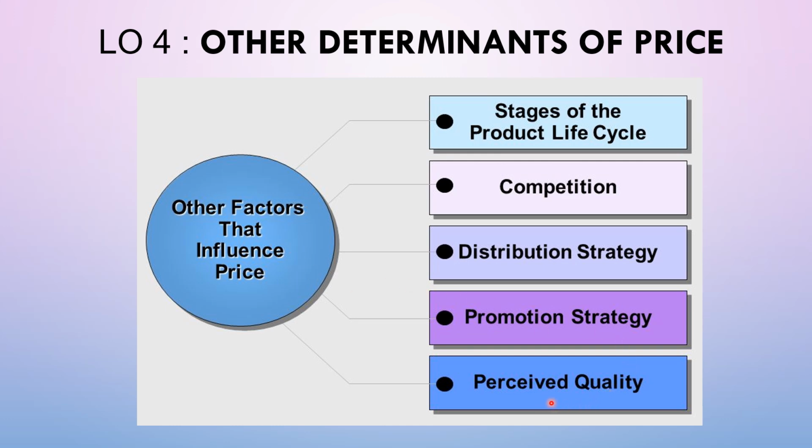And lastly, the perceived quality. Of course, you have in mind that if the price is expensive, that means it's high quality. So if you want to show that your product is of high quality, typically you will want to put higher prices. This perceived quality is also associated with brands.